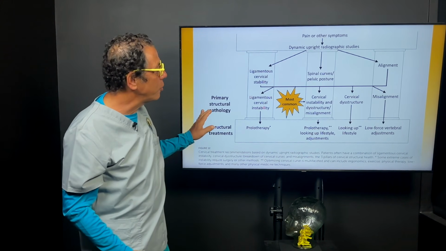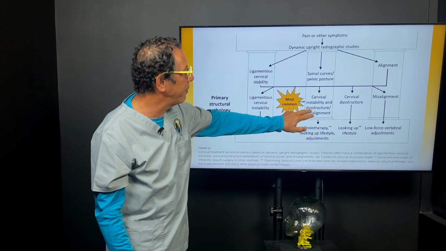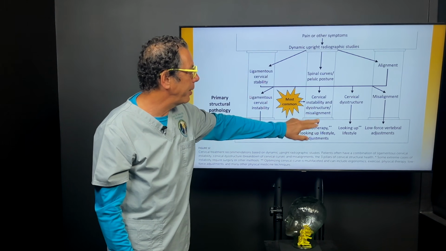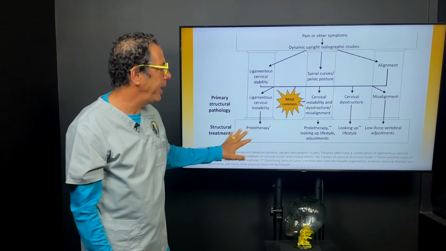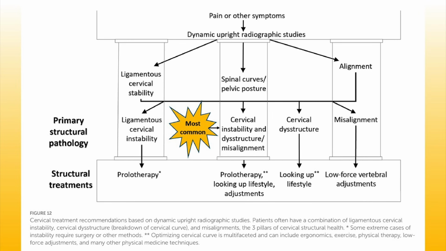And then this is normally what we find, that people have cervical instability and a breakdown of the neck curve, and that's why they need a looking up lifestyle, and often they need some prolotherapy just to stabilize the area.